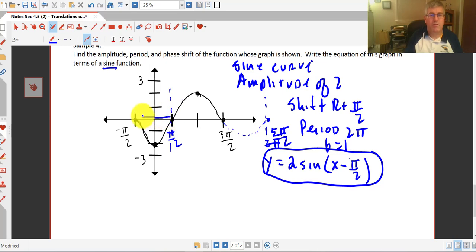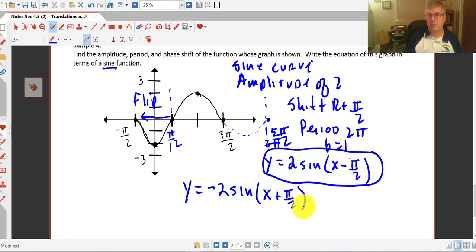When I first did this, I saw a shift to the left, but then I also saw a flip. So we could have looked at this as y equals the opposite of 2 sine of, and now instead of shifting to the right, we shifted to the left, so it'd be x plus pi over 2. So that would be another correct answer.